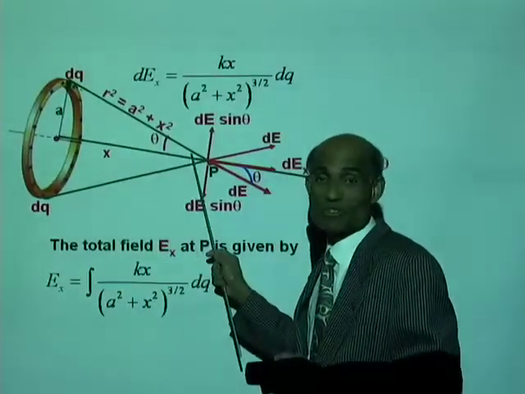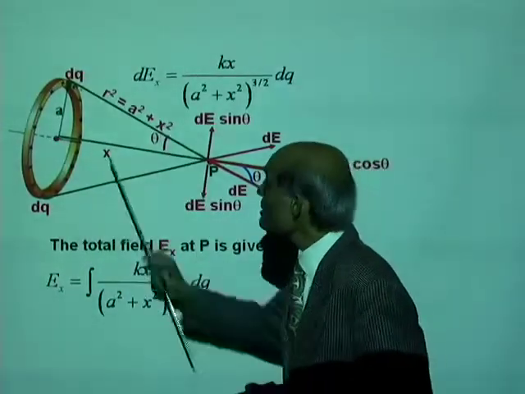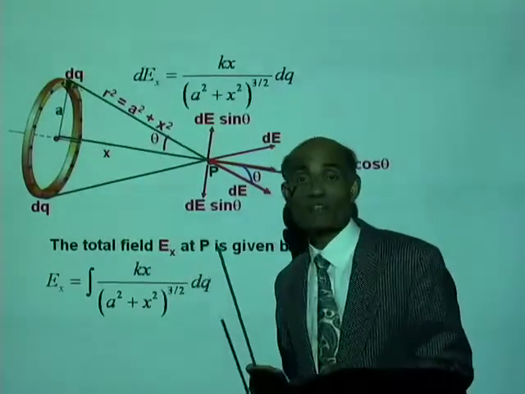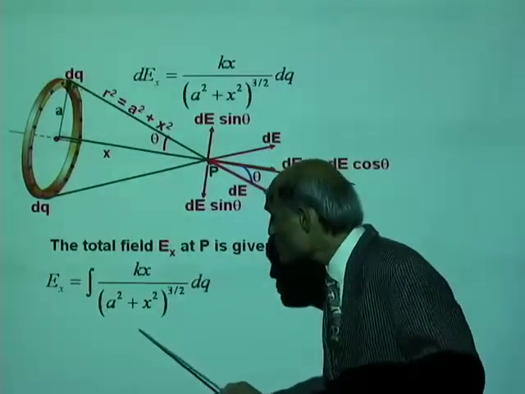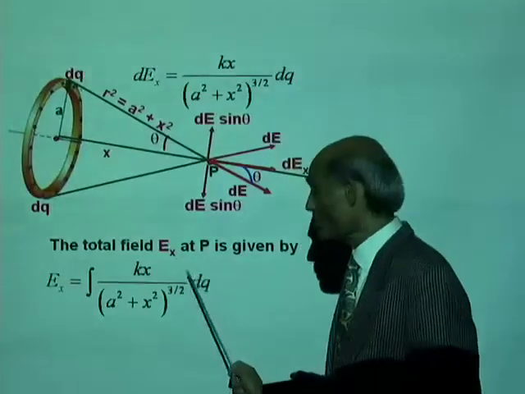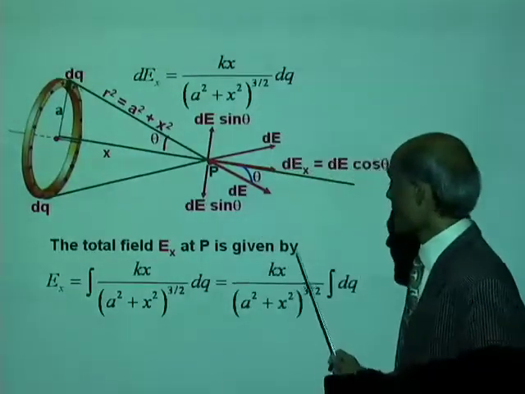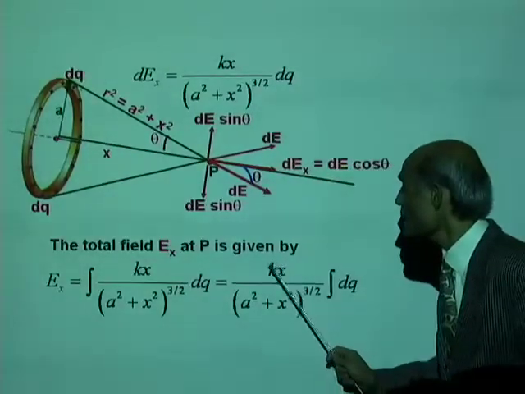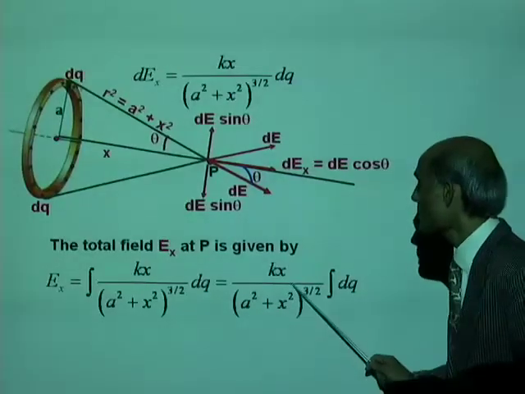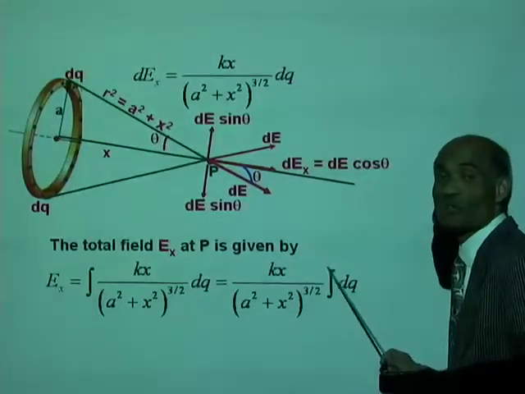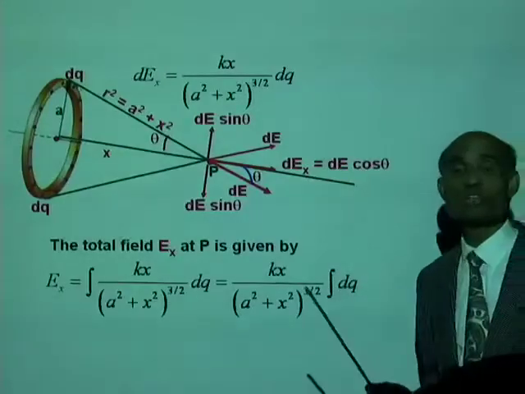That doesn't change. And a is the radius of the ring. That doesn't change. So none of these will change. And so we can take that out, and that now becomes kx over a squared plus x squared to the power of 3 over 2 times the integral of dq.